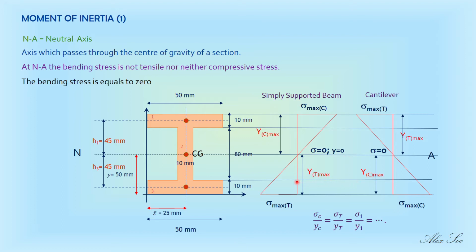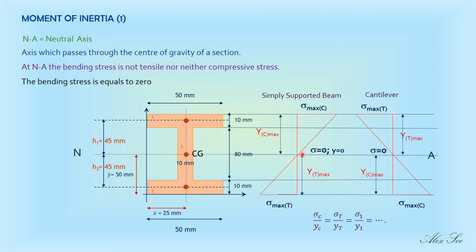Look at my pointer. I want to measure the bending stress here. Then I must have this value of y, starting from the neutral plane to the plane at which I want to find the bending stress. So this vertical distance is denoted as y.